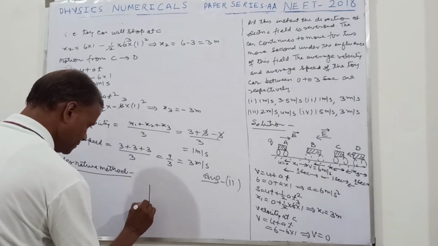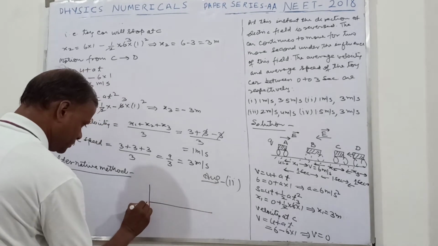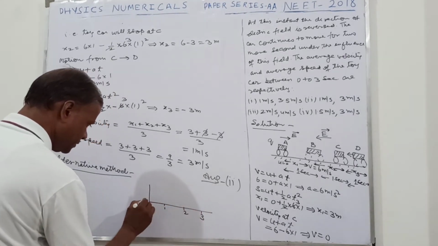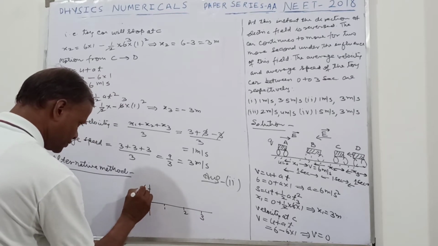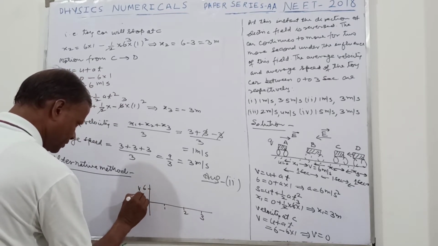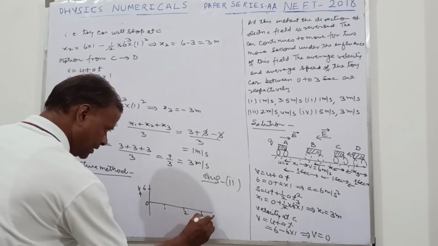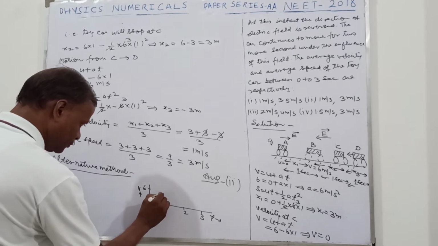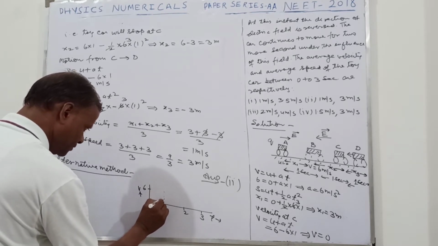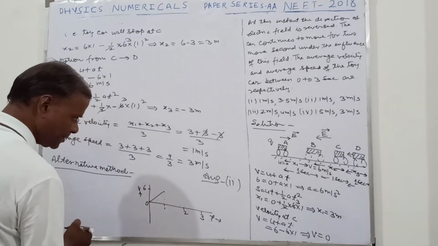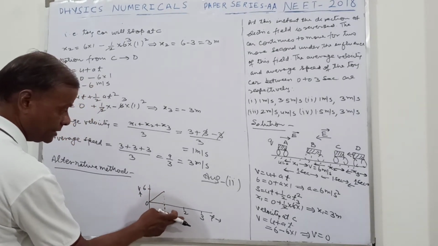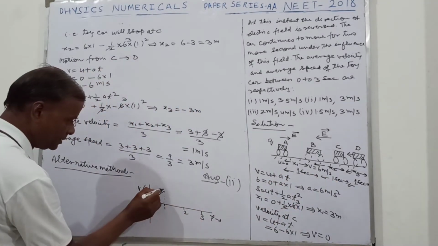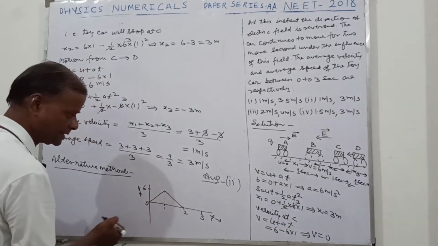This is 0, this is 1, this is 2, this is 3, and this is 6. So here we take the velocity and here we take the time, and then up to this the velocity increases. So we are getting this line, and then this retards, and at 2 seconds, 1 plus 1, 2 seconds, this comes to rest.